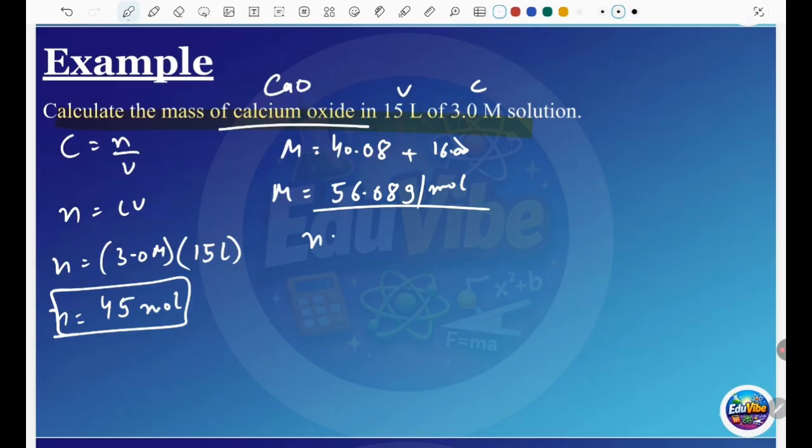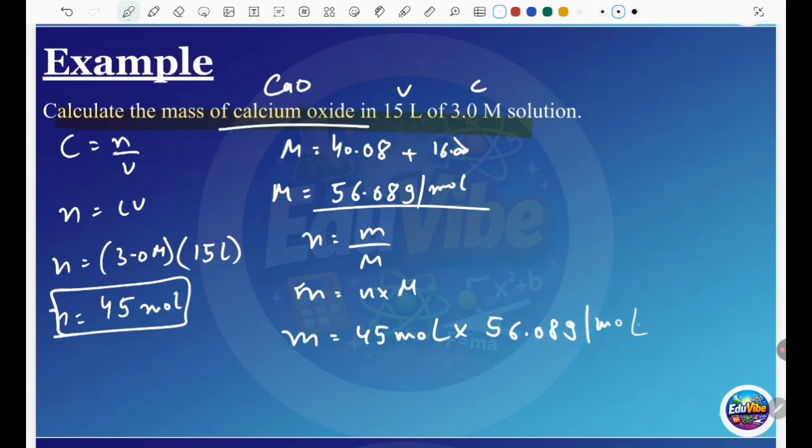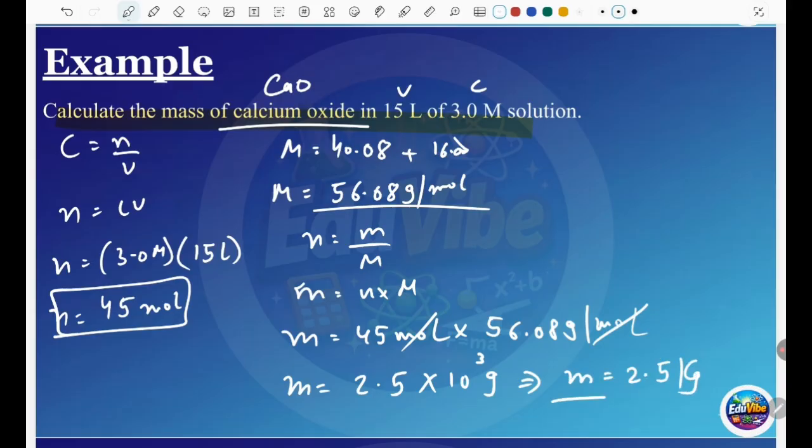Now n is equal to the small m divided by the big M. You have to find the mass, so isolate it: mass is n times molar mass. n is 45 moles times 56.08 grams per mole. Moles and moles cancel out. You get your mass of about 2.5 times 10 raised to the power 3 grams. This is so big. You can divide this by 10 raised to the power 3 again to make it in kilograms. So you get 2.5 kilograms.